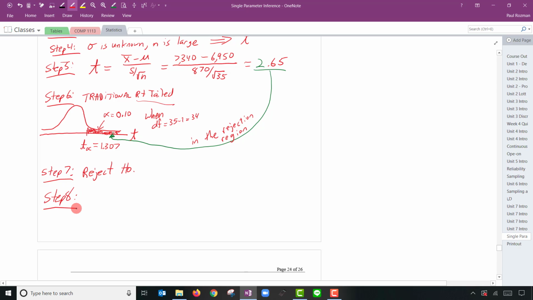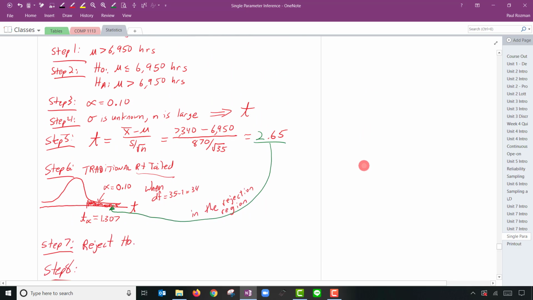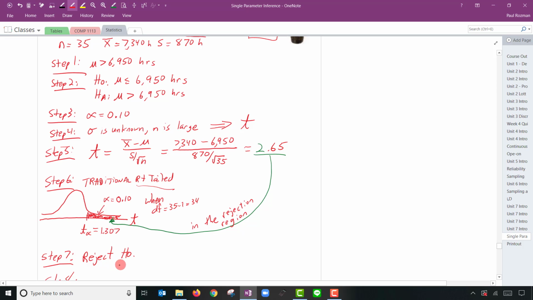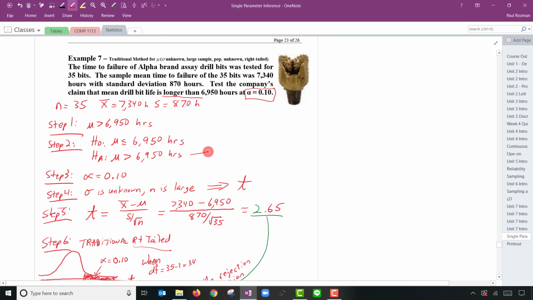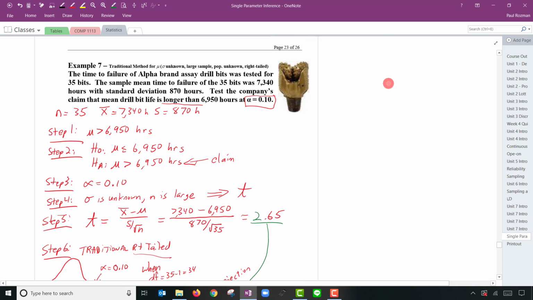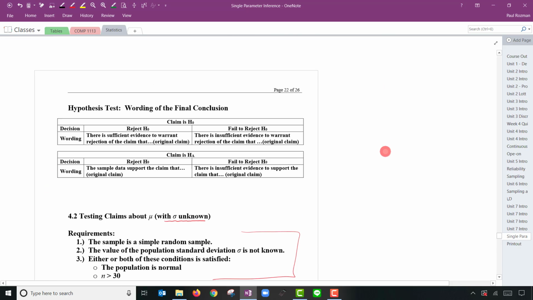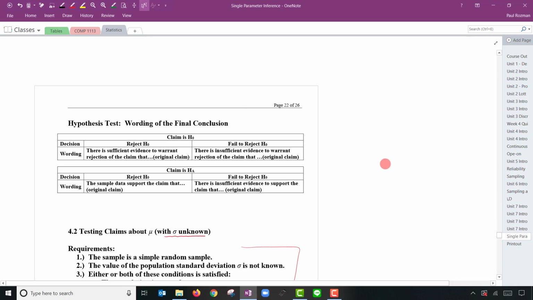Step 8 is our conclusion. And remember, we had a handy chart for this. Our decision here was rejecting the null hypothesis. And our claim was HA. Let's go and look at our chart. Our decision was reject the null hypothesis, and our claim was HA.